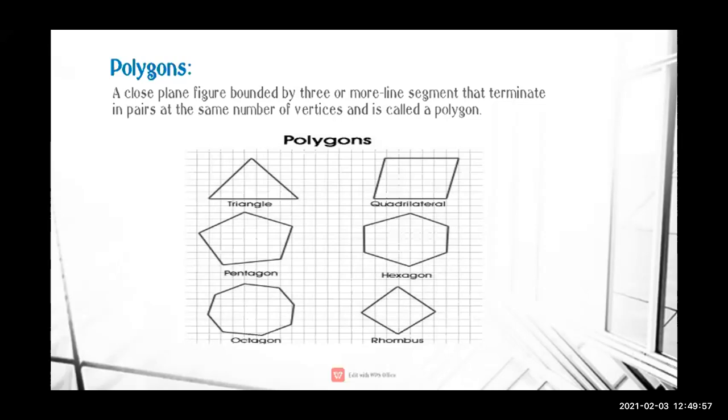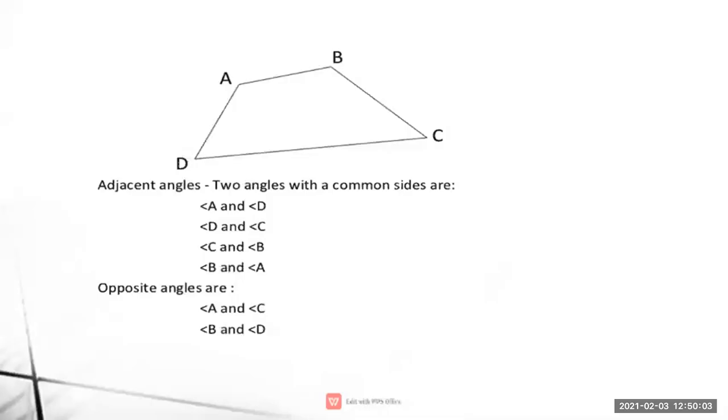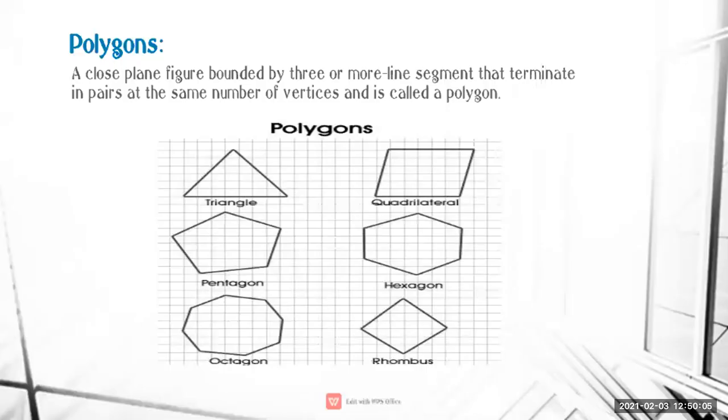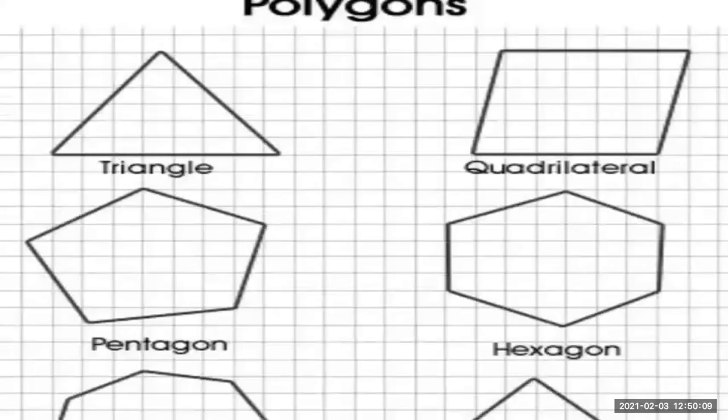So here I have shown you some polygons which have been named. You can see them in the figure also. The first polygon is the triangle. Triangle has how many sides? Very good, three sides. The definition said a closed plane figure bounded by three or more.